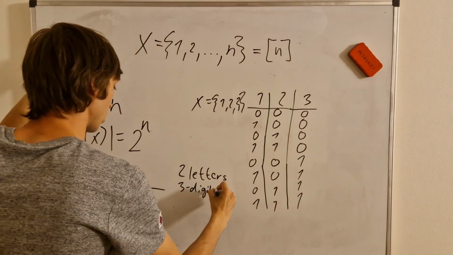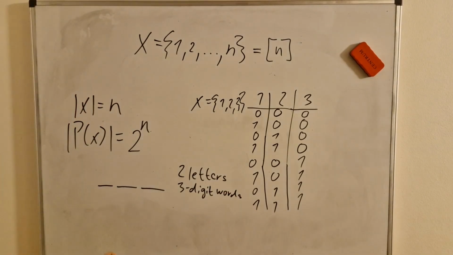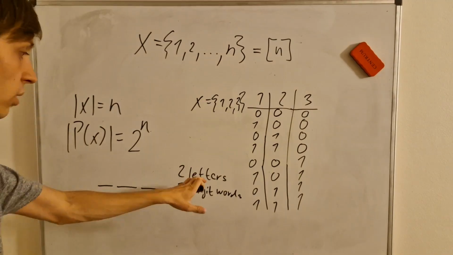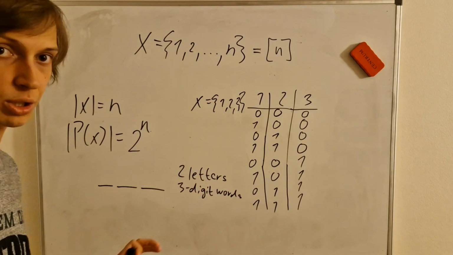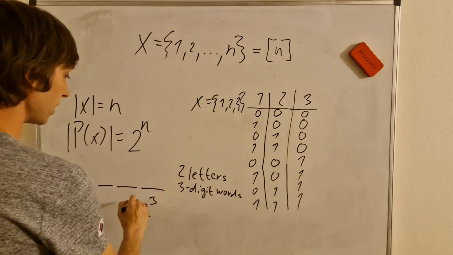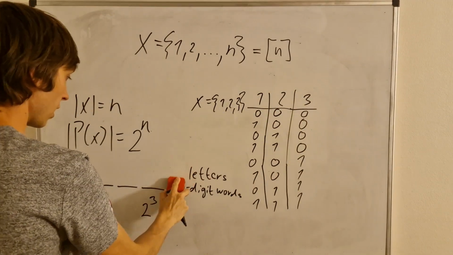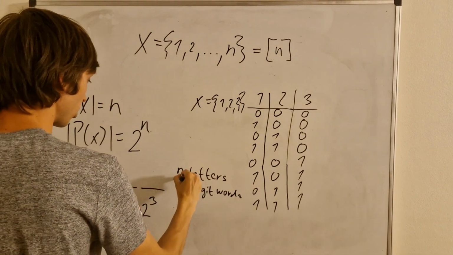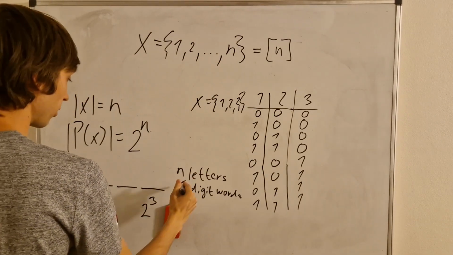So if we're looking for how many 3-digit words there are on 2 letters, the counting rule is also 2 to the 3 in this case, or if I want to generalize it, n letters, and how many digits are we looking for in the length of the word?